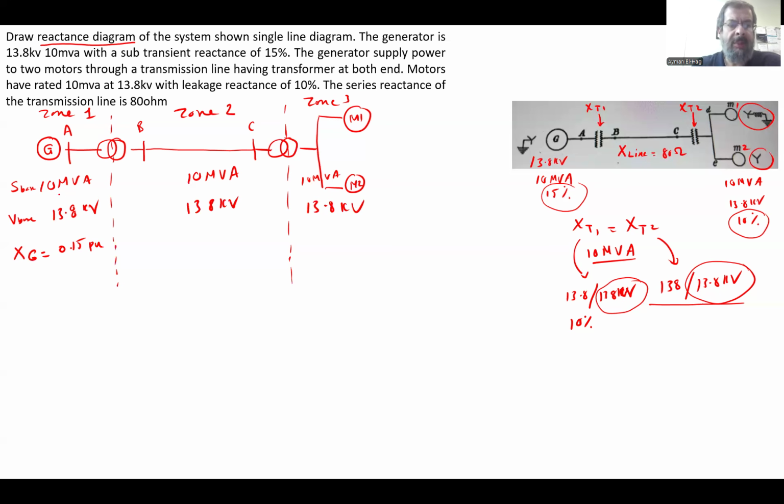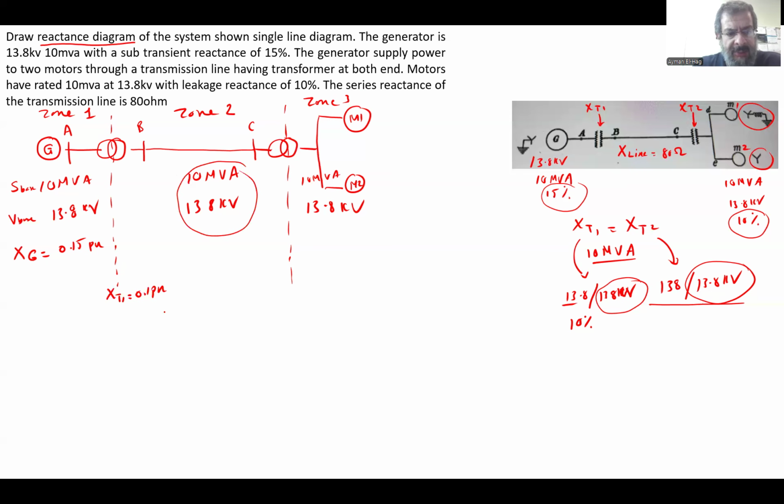For the transformer, XT1 will also be 0.1 per unit, because the transformer rating also matches the base system. For the transformer we have a primary and secondary voltage, and you can use either. The thing we need to change is the line.